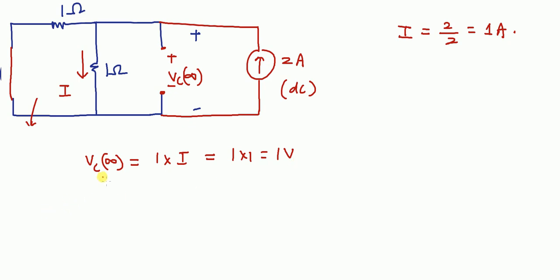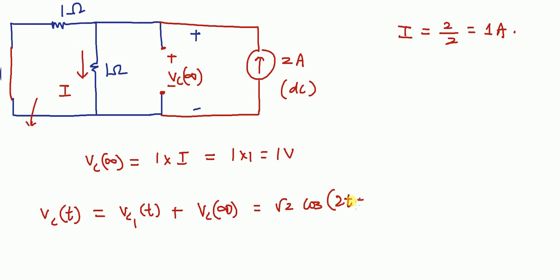So total response Vc(t), due to sinusoidal voltage source is Vc1(t), and due to DC current source is Vc infinity. So it is root 2 cos(2t minus 45 degree) plus 1 volt.